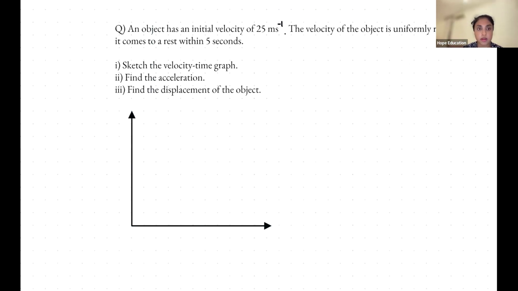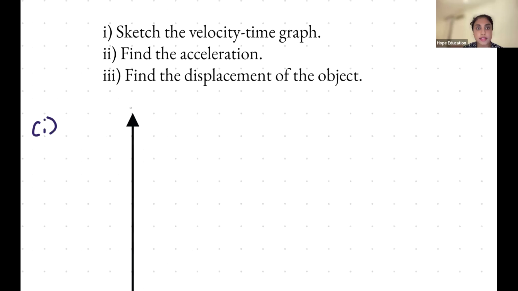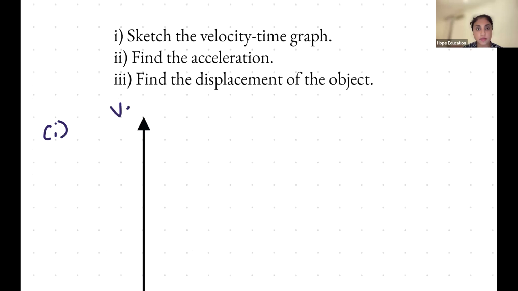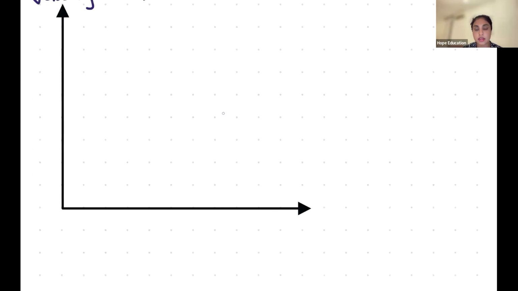Roman number 1, the y-axis is velocity and the x-axis is time.